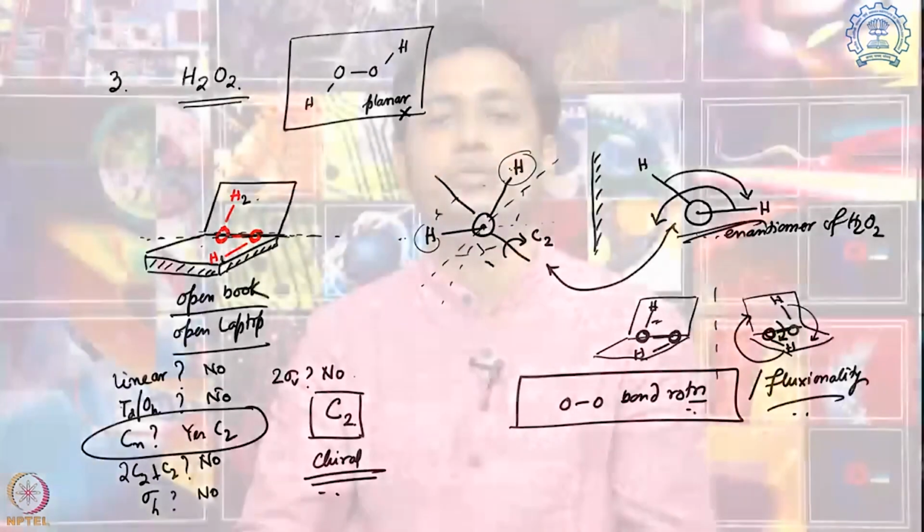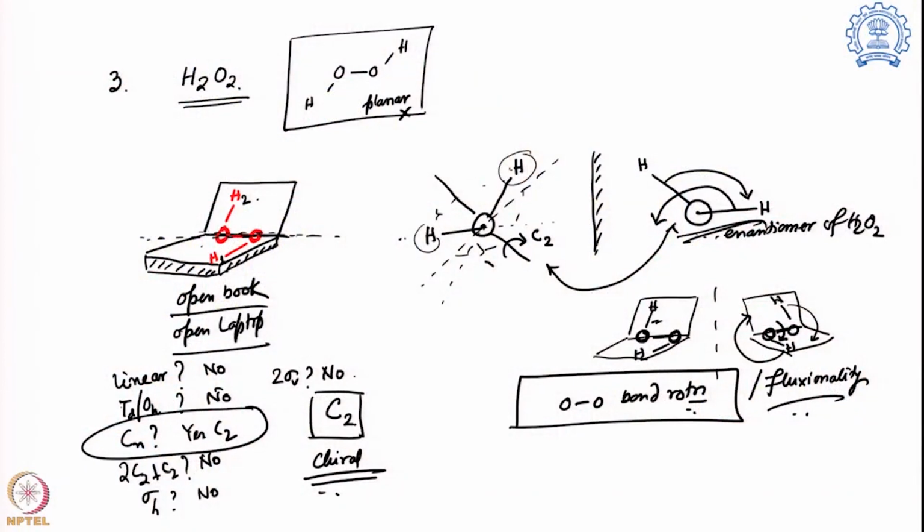Because in the previous cases when we take the mirror image, we are not allowing any change or fluxionality. Over here we are allowing changes in the bond angle, bond length, all those things. And if this is happening, we create a fluxionality, and that actually kills the chirality, because now the enantiomer is not going to stay as it is, it is going to change to the original structure.